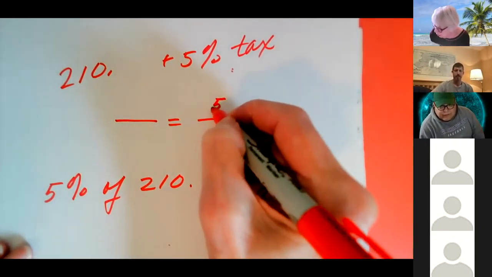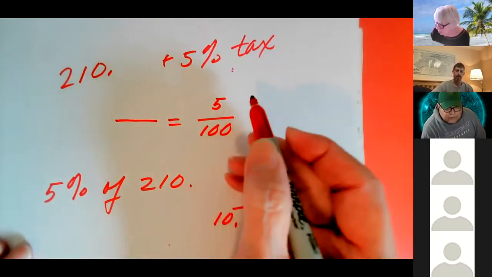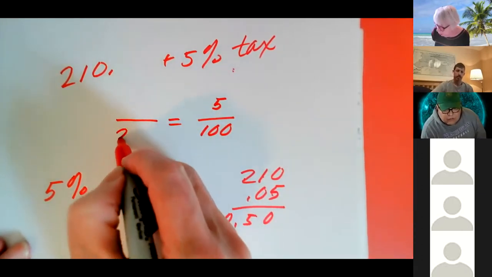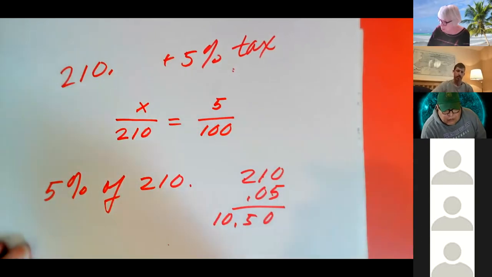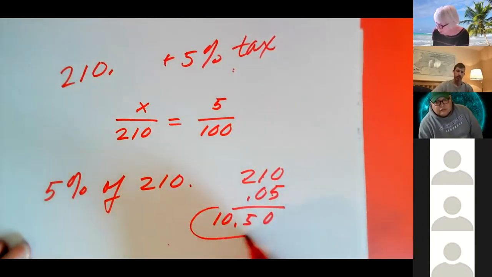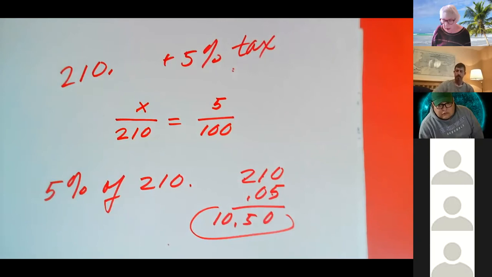If I do it this way, 5 over 100 for the 5%, the total is 210. This would be X. You would cross multiply, but X again would be this. The question was, how much do they pay total when they buy it on sale? That means including the tax.